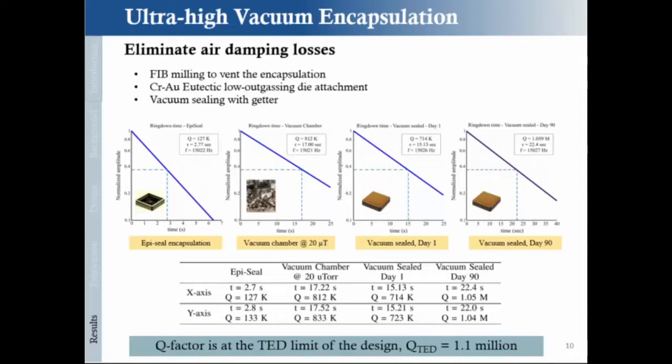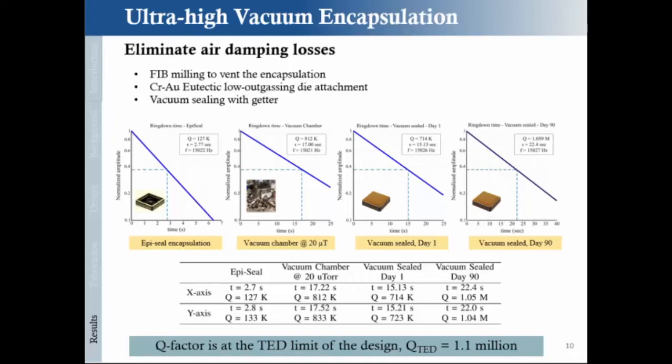Yes, we achieved the mode ordering, but the question is, do we still have our number one objective of a high quality factor? Because the starting reason for this whole thing is to approach the thermoelastic damping limit of the system.